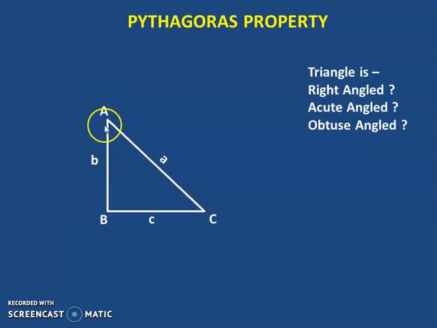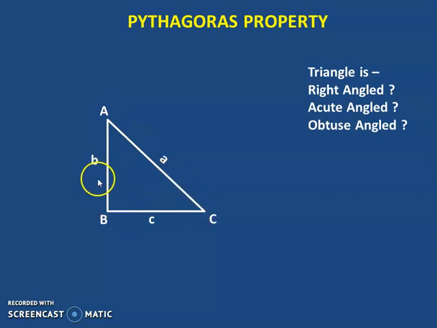This is the altitude AB for the right angle triangle, this is the base, and this angle is the right angle. The opposite side of this right angle is AC.